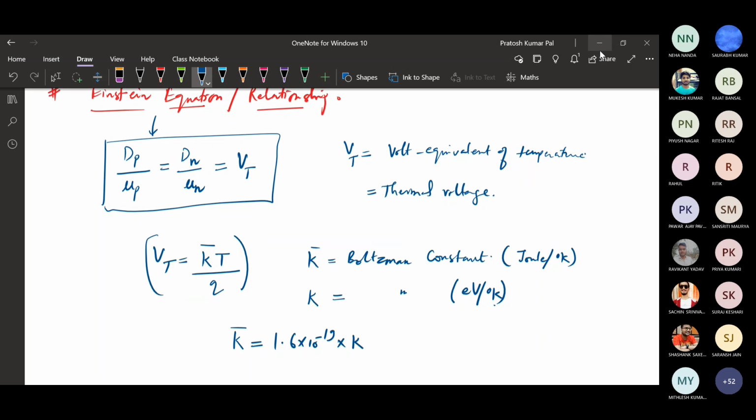So k bar is q multiplied by k, and here k is given by the value 8.62 into 10 to the power minus 5 electron volt per degree Kelvin.